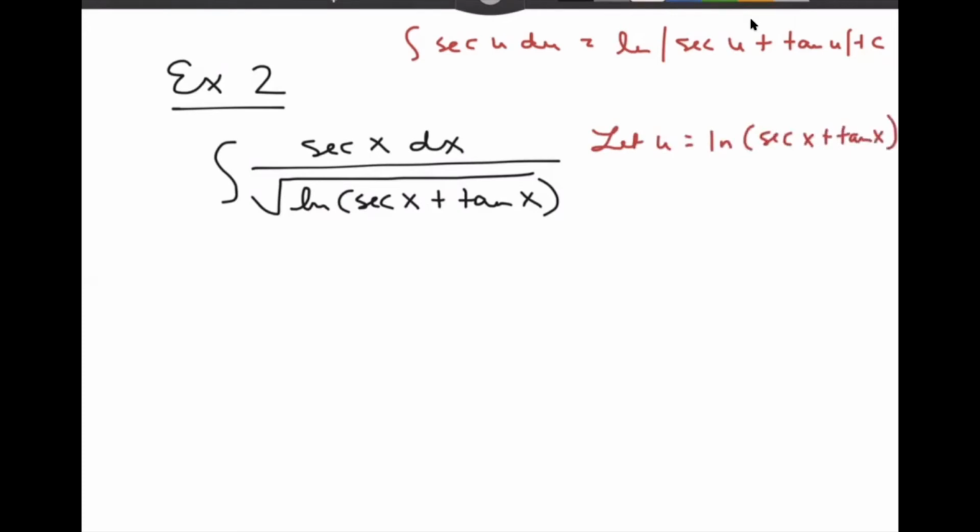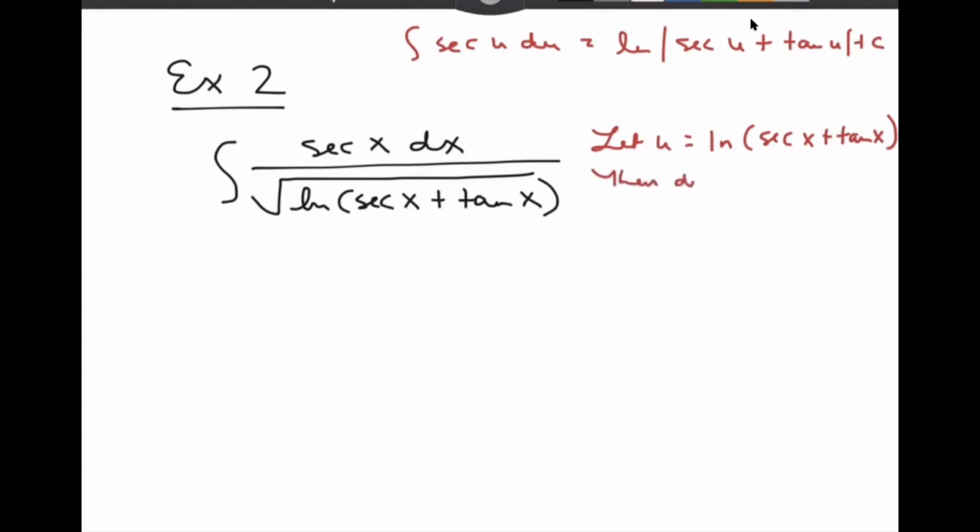Okay. And if you're worried about it, except for the fact that we didn't know about natural log back in Calc 1, you could almost differentiate this in Calc 1 using the chain rule.